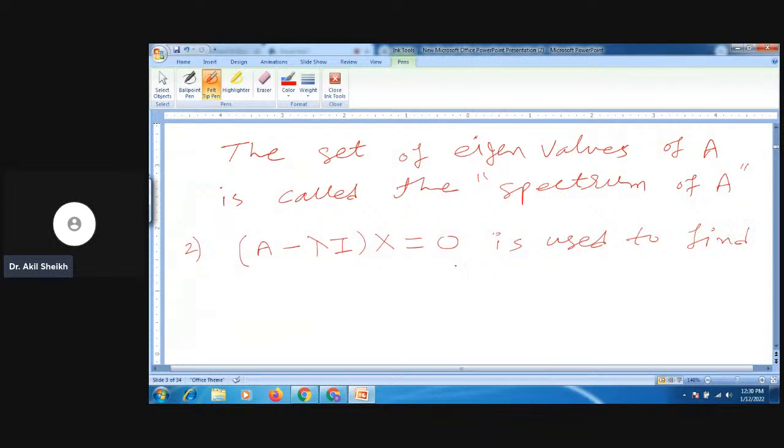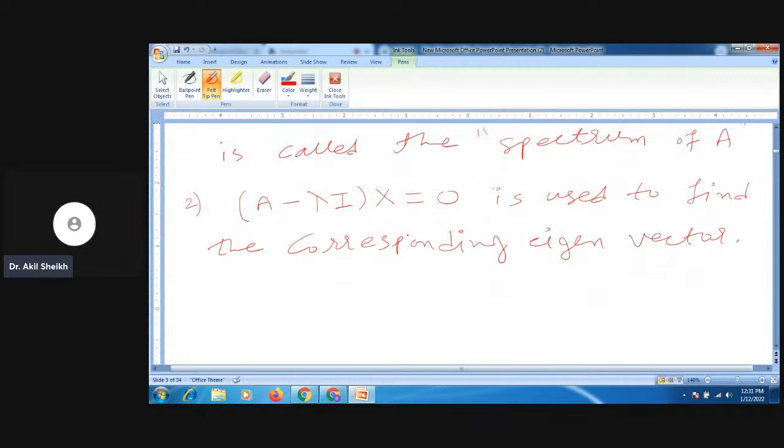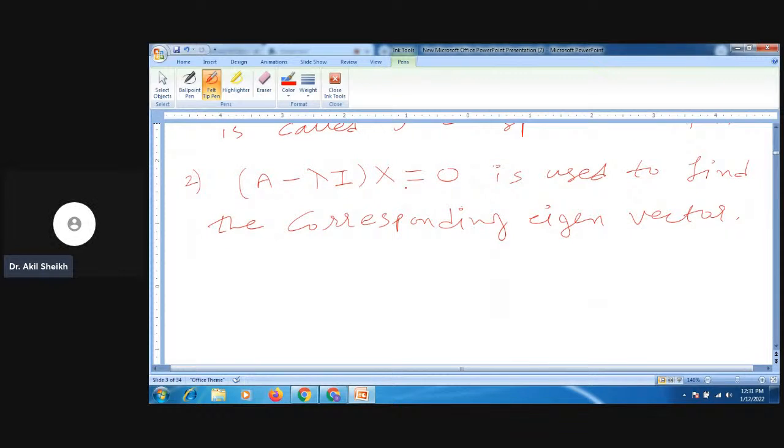This equation is used to find the corresponding eigenvector. Corresponding means if lambda 1 is the eigenvalue, then for lambda 1 we find x1, which is the corresponding eigenvector. When the second eigenvalue is lambda 2, we find x2, the second corresponding eigenvector.